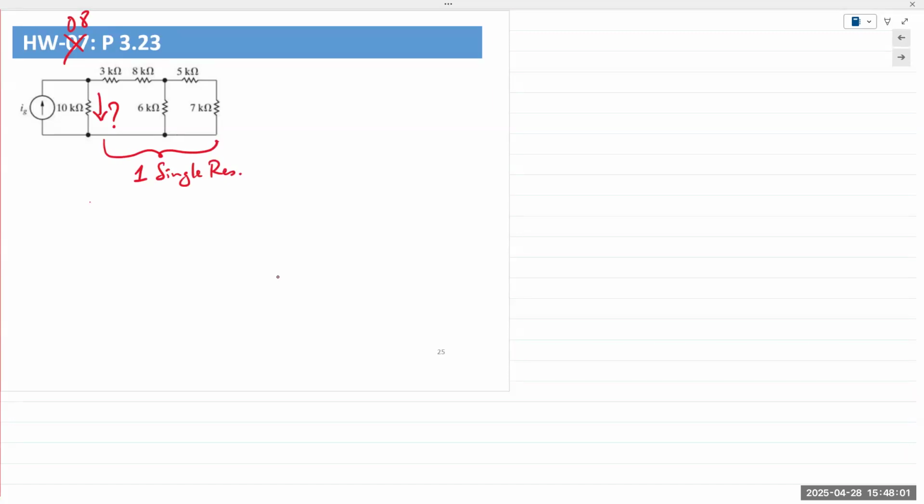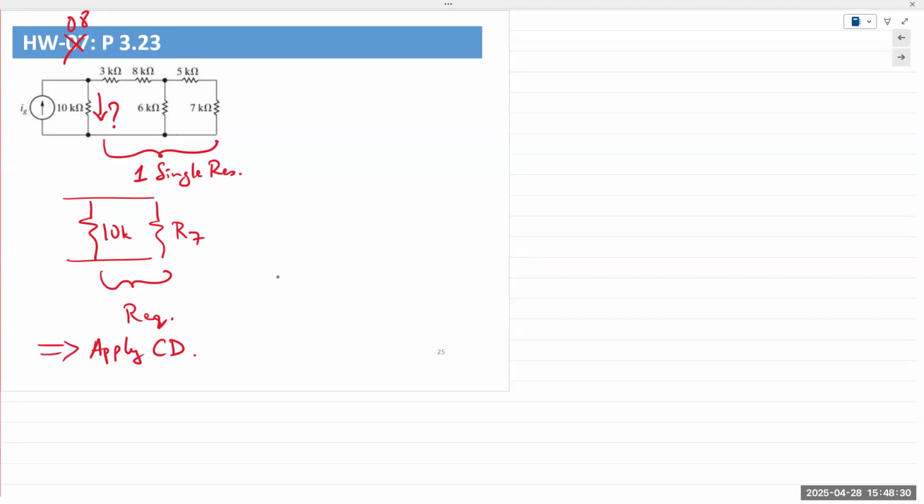Then you should have something like this, 10 kilo ohm, and then this would be, I don't know, 1, 2, 3, 4, 5, 6, let's say 7. You find the REQ for this one, and then you can apply current division.